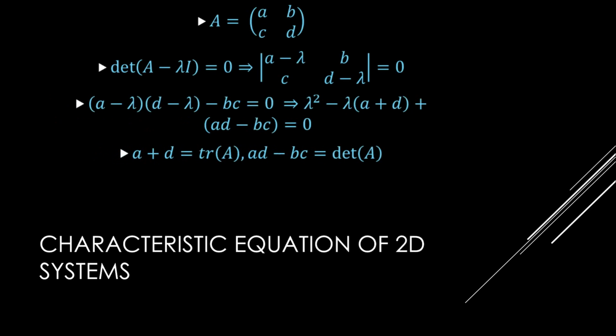We then replace A plus D with the trace of A, and AD minus BC with the determinant of A, ending up with lambda, or our eigenvalues, with the following expression. If the expression under the square root is positive, we have completely real eigenvalues. If it's negative, we have imaginary or complex eigenvalues. And if it is 0, we have one root.